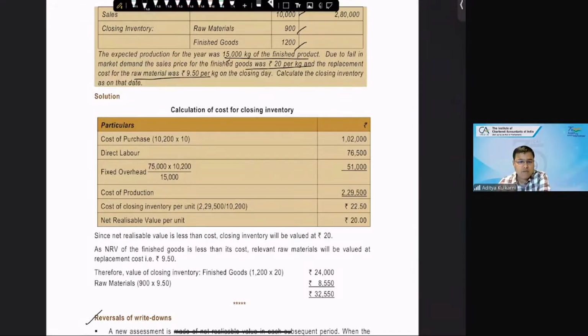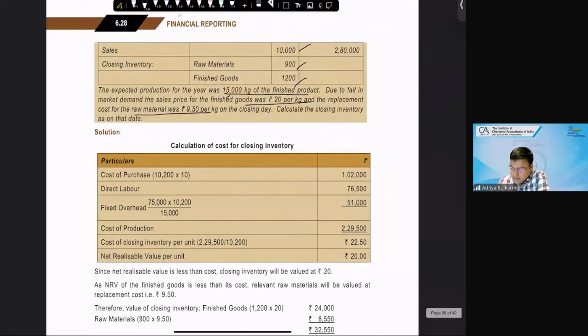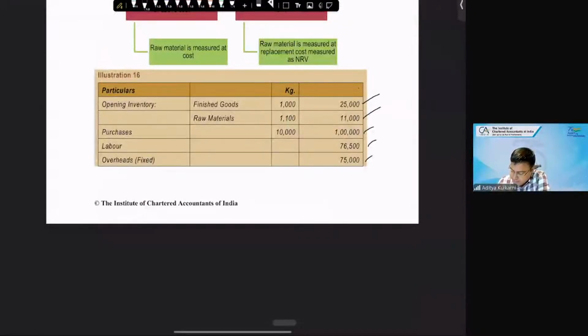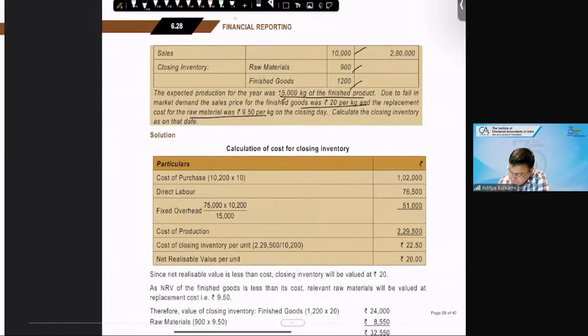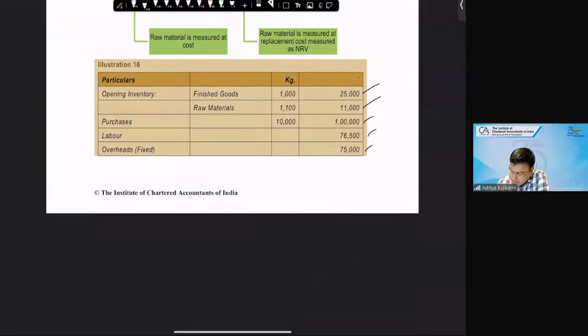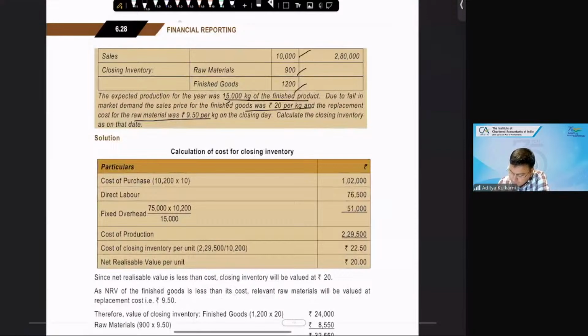Okay. So now let us come to the last point of our discussion. So one thing is, let us take this data. Opening inventory, we are having purchases 1 lakh.